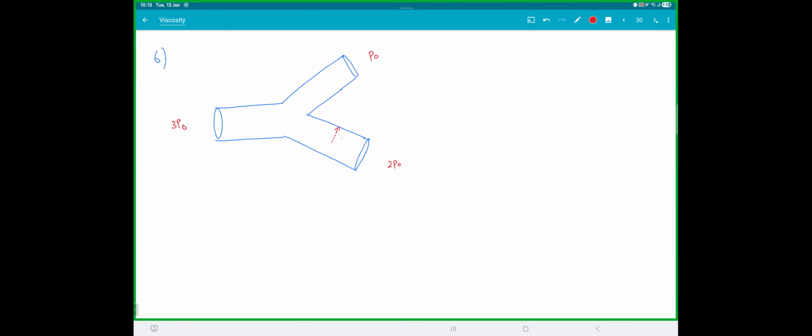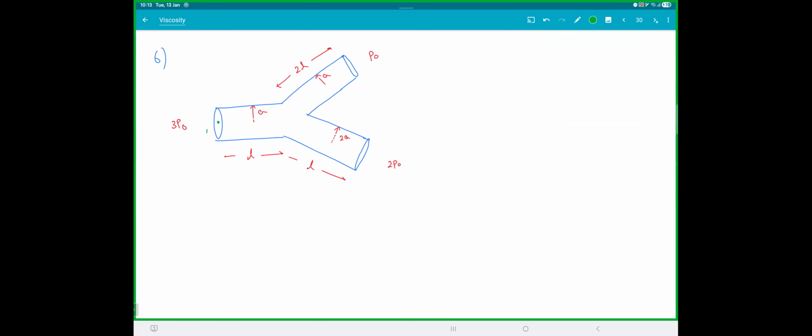This radius of the pipe is 2a, this radius of the pipe is a, and this radius of the pipe is also a. This pipe's length is L, this pipe's length is also L, but this pipe's length is 2L. So you have connected 3 different pipes.